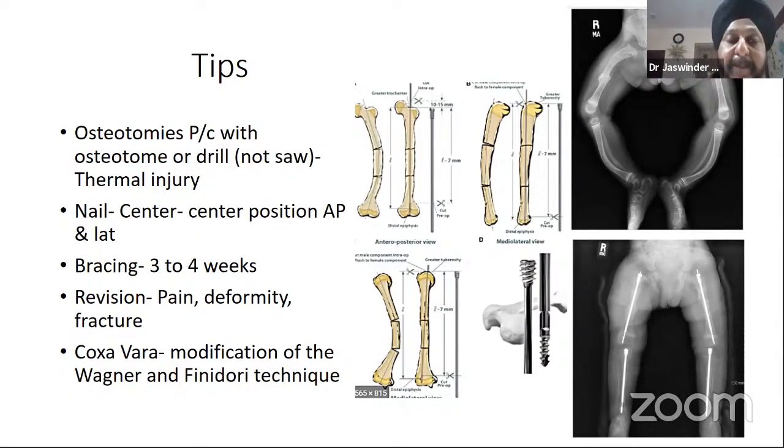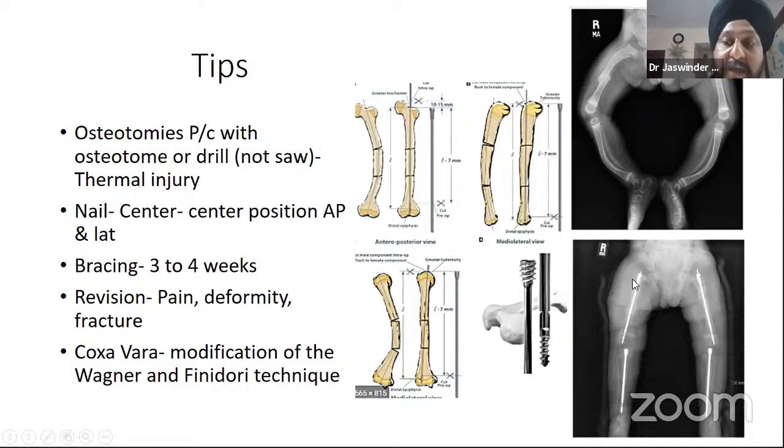A child might present with pain, deformity, and fracture at any time, maybe a couple of months or years later, and that might be one of the early indications that the rod has cut through. So it might need some kind of revision. Of course, if there is a coxa vara, for example, not in this case, there is a modification described, which is the Wagner modification.